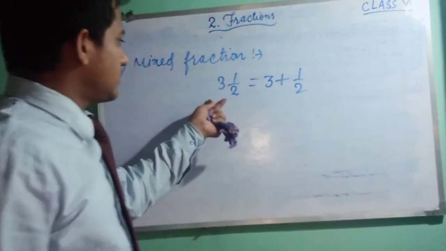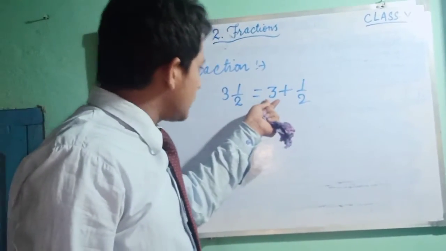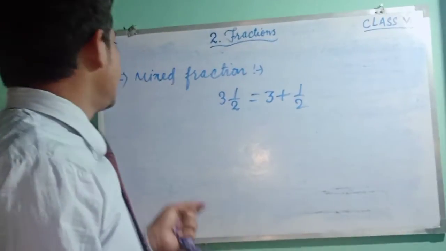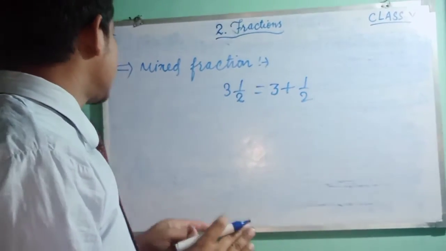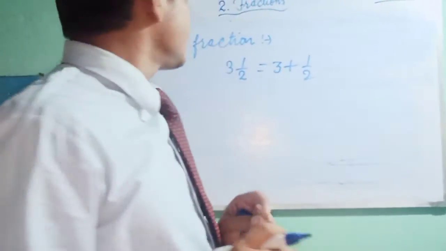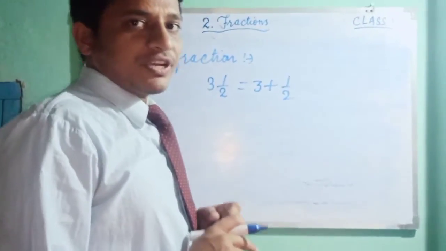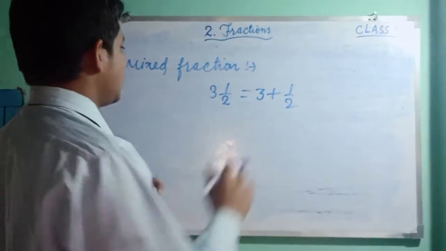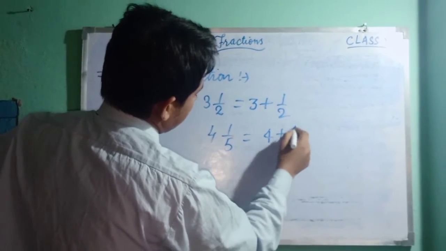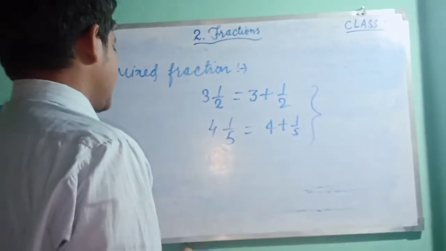So this number, which can be written as a sum of a natural number and a proper fraction, is called a mixed fraction. Now once again, a number that can be expressed as the sum of a natural number and a proper fraction is called a mixed fraction. Another example, 4 plus 1 by 5. So there are abundant examples, okay, etc.